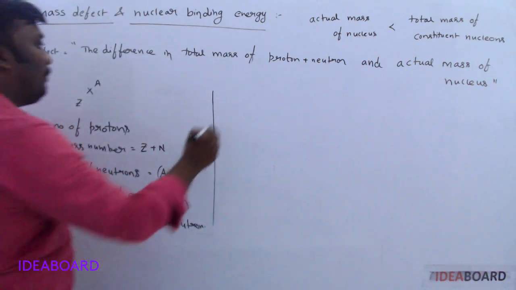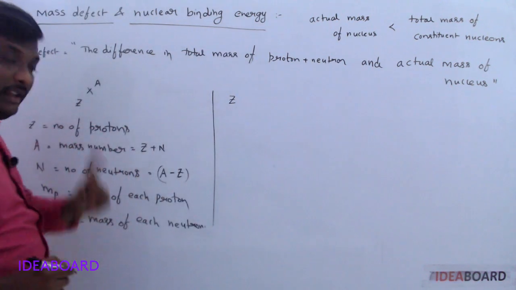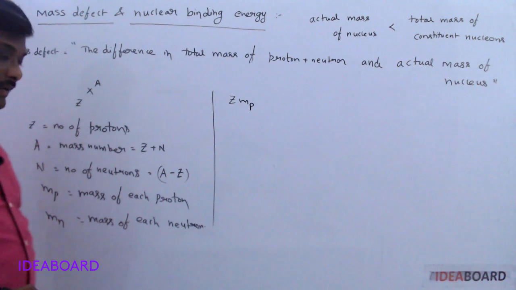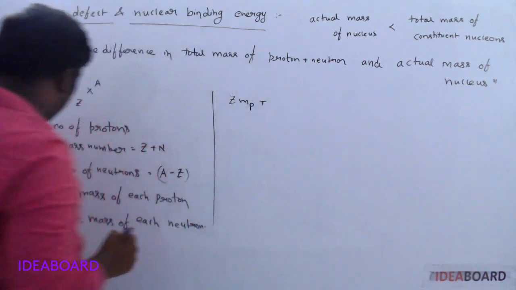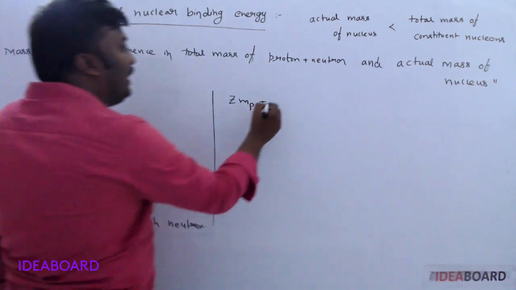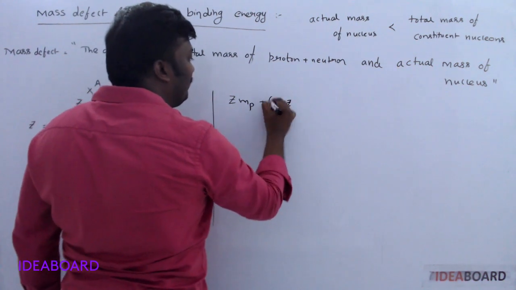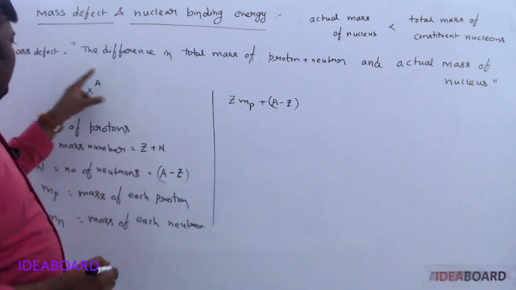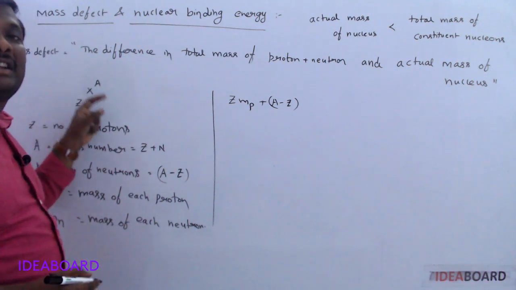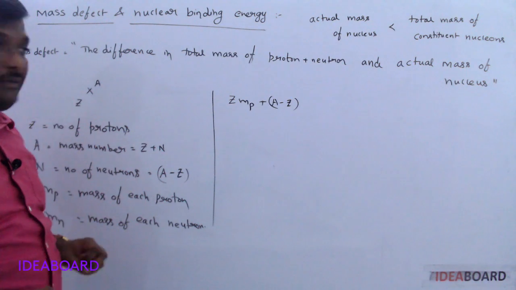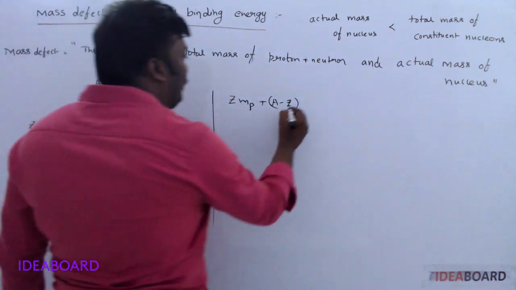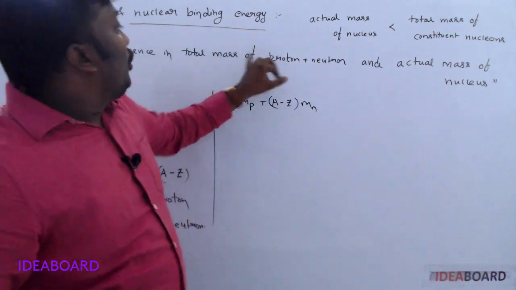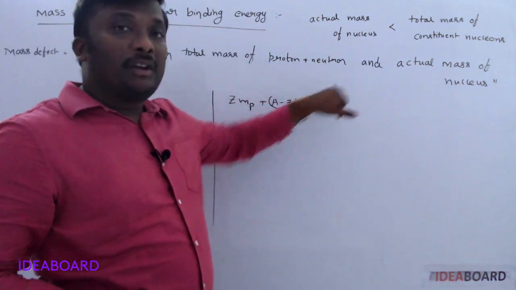So the number of protons is Z, each proton has the mass mp, so Z mp. Next, the number of neutrons: A minus Z. Otherwise you may use N, but generally the nucleus is given in the form of this symbol X with Z and A. That's why A minus Z, and the mass of the neutron is indicated by mn. This indicates the total mass of protons and neutrons.